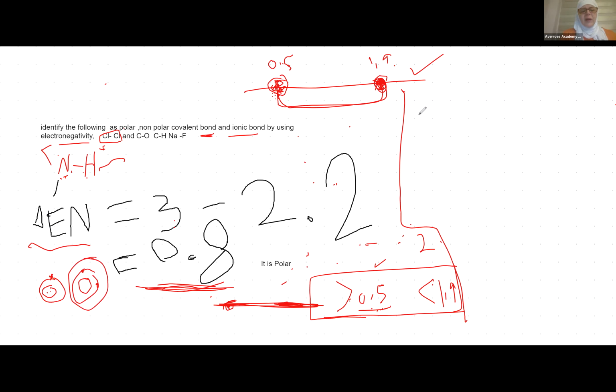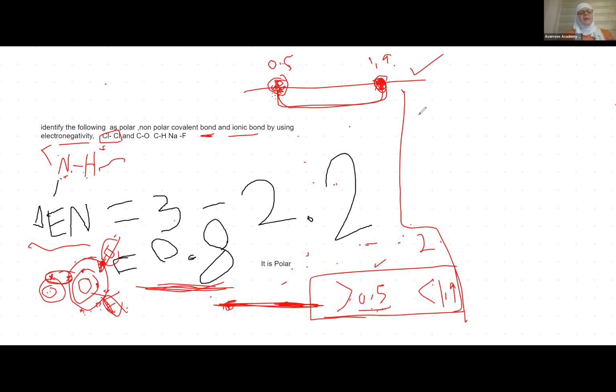It shares one with each of three hydrogens, so it attracts each hydrogen to its side.